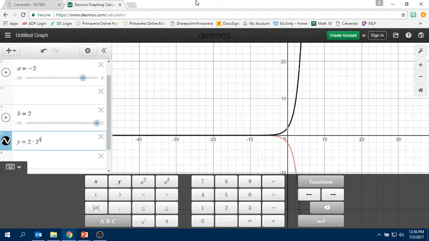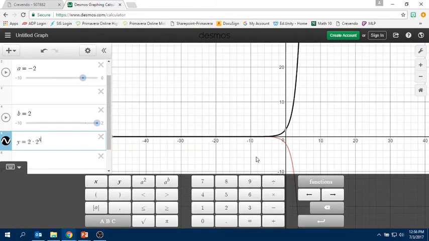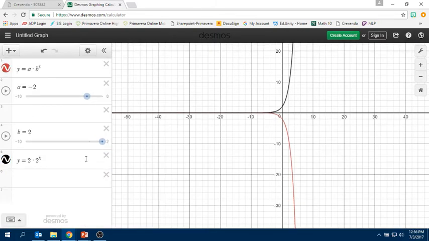And graph that. So take a look at this black function. All right, so it is exactly the same as our red function, except a in the red function is -2, and it's +2 in our black function. Notice how they are what we call a reflection of each other, and they are reflected over the x-axis. So this point, (0, 2), corresponds to this point, (0, -2) on the red.